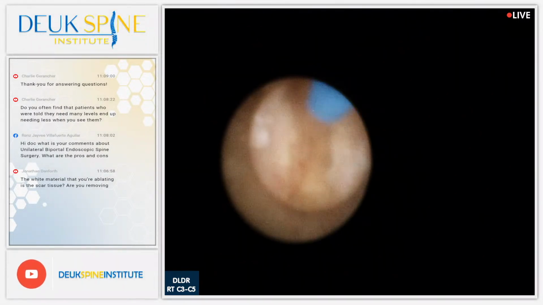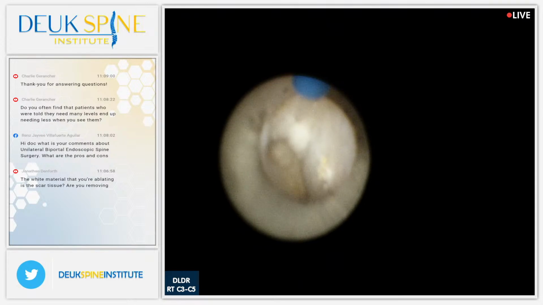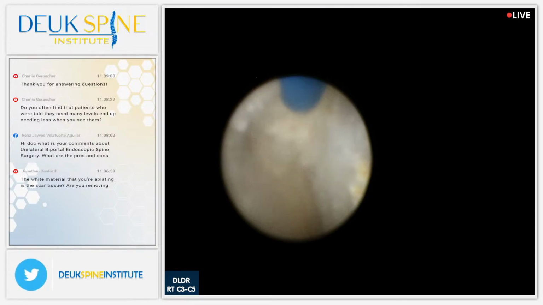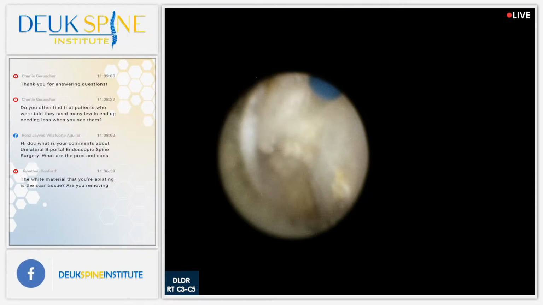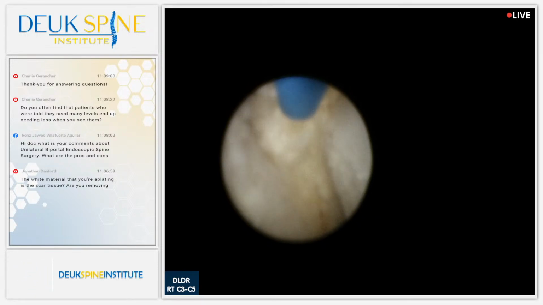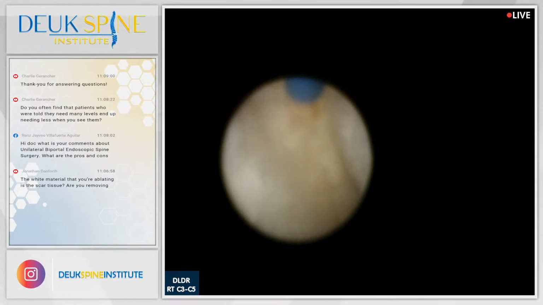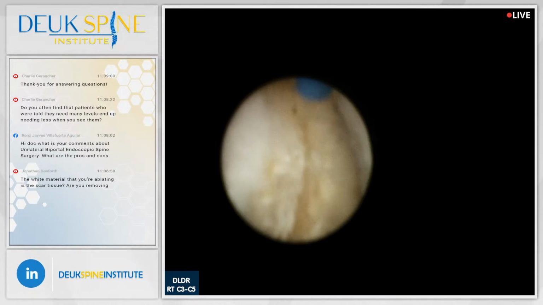So what you're seeing is disc herniation combined with scar tissue combined with calcification. Because over time, your inflammatory system attacks and your body then calcifies the damaged tissues. It adds calcium to it, so it makes it very dense. Very hard for it to come out, actually.